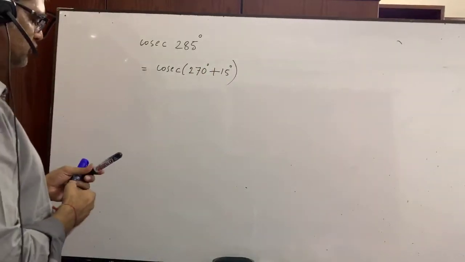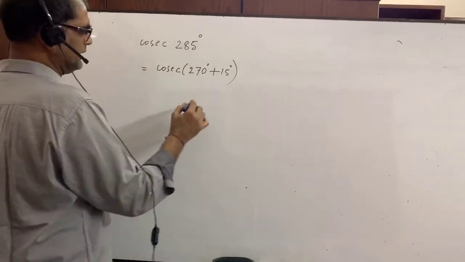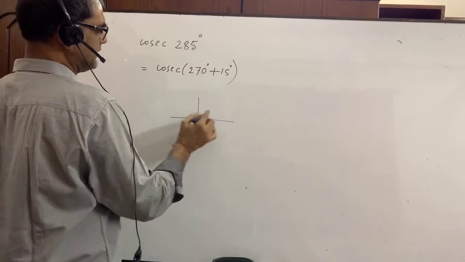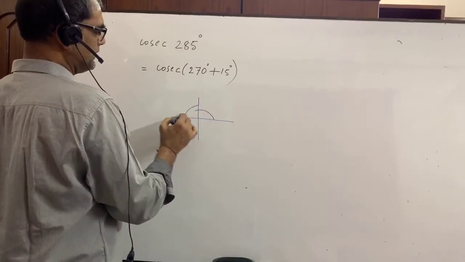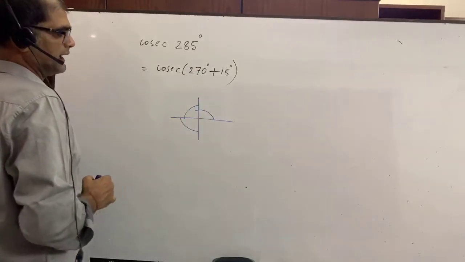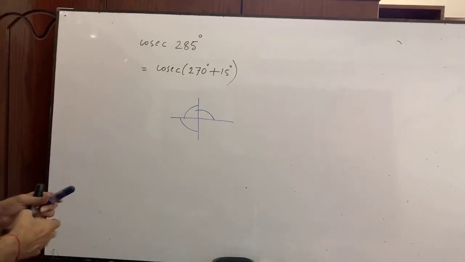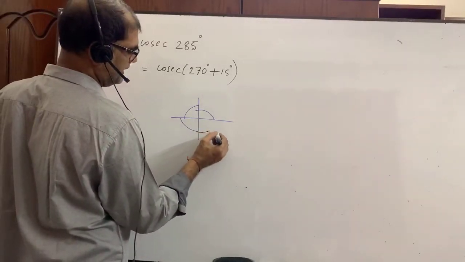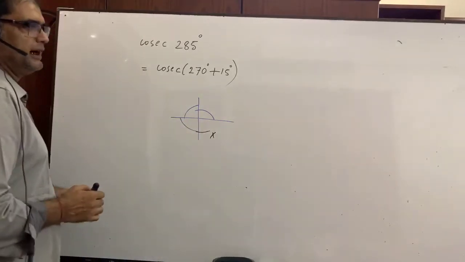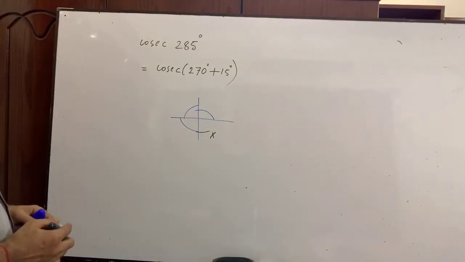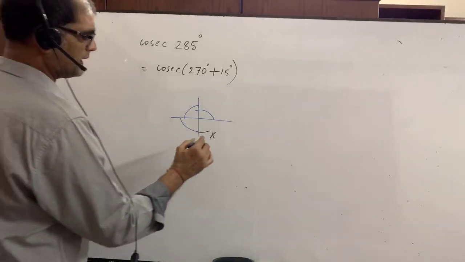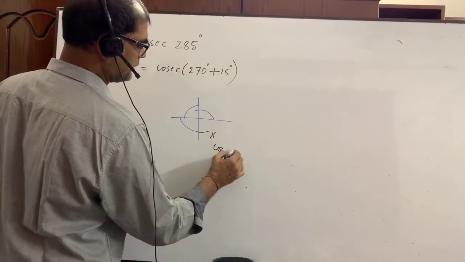Now in which quadrant does the angle lie? You see, this is 270, 90, 180, 270. Then it passes 270 degree. That means it is in the fourth quadrant. And we know in the fourth quadrant, cos is positive.